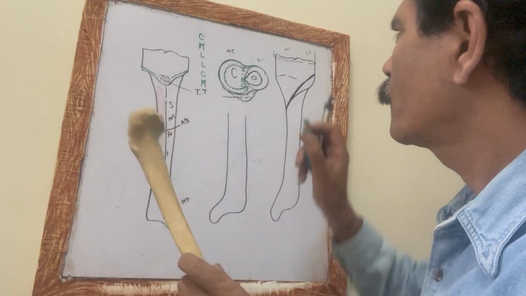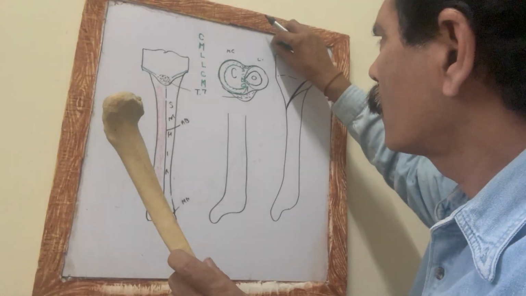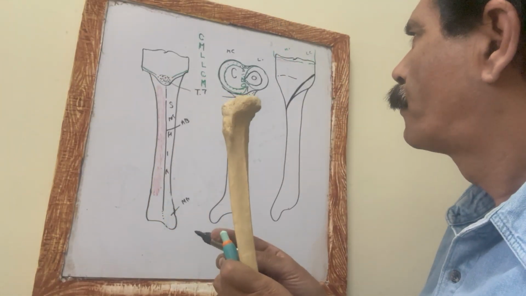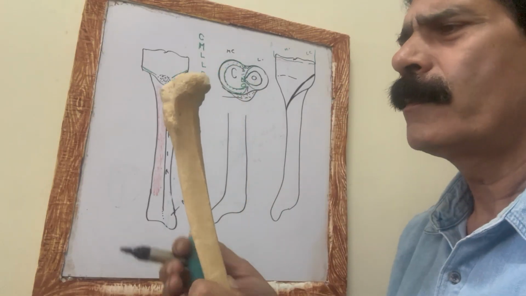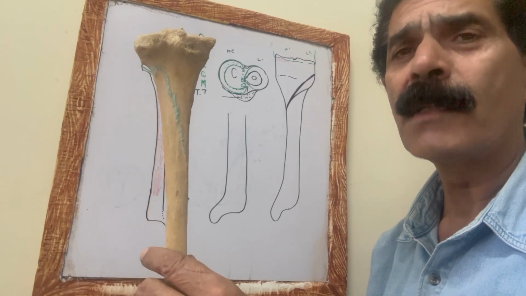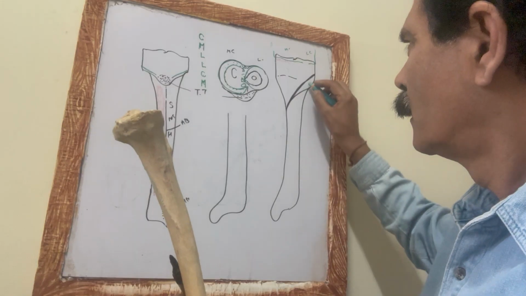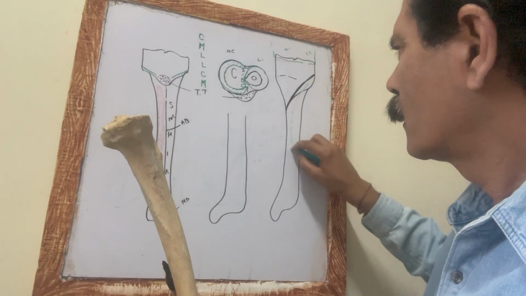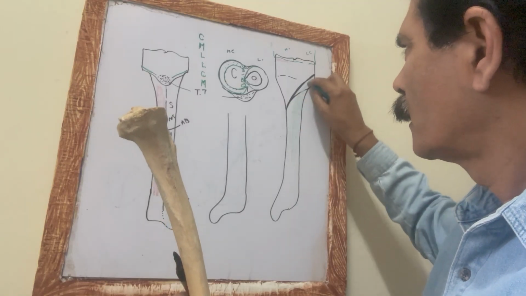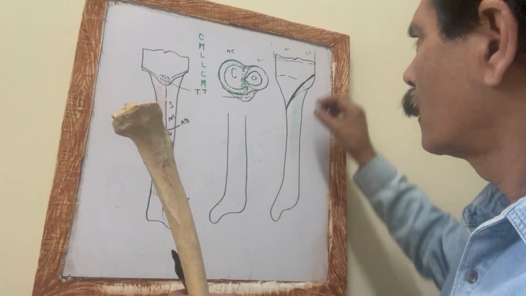The medial surface of the medial condyle also gives the attachment of the medial collateral ligament, or tibial collateral ligament. So the soleal line, as the name says, gives the origin of the soleus muscle over here. Then below the soleal line, the muscle which takes origin is the tibialis posterior muscle.